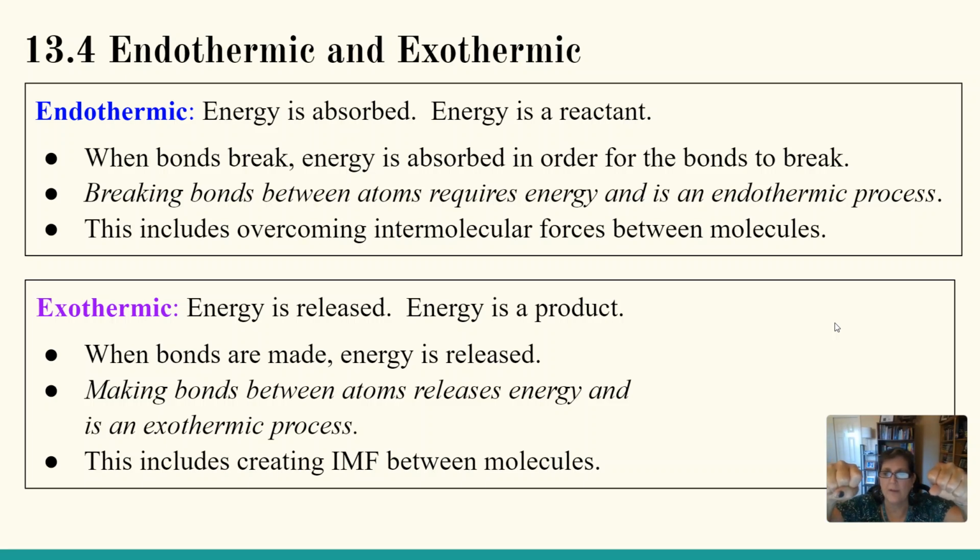Atoms are mostly unhappy. They come together and make a bond. That makes them very happy, which lowers their energy. So that energy has to go somewhere. So it gets released, it exits. Exiting energy is exothermic. Exit, exo. So making bonds between atoms releases energy and is an exothermic process.